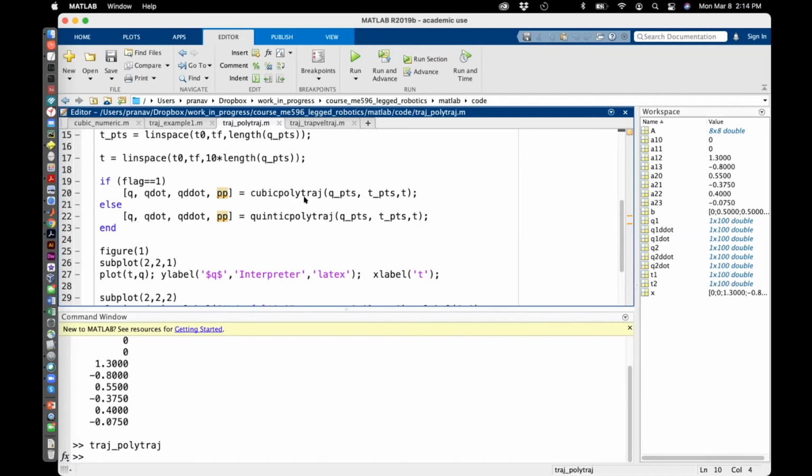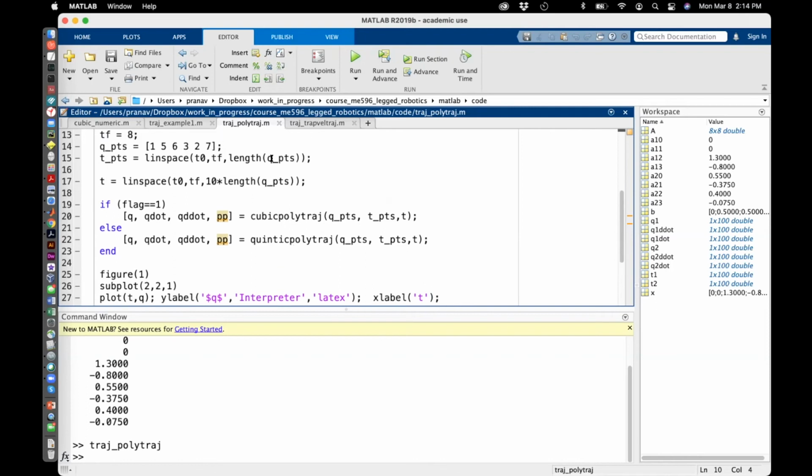I showed you the cubic profile for one or two sections, and I had to do a lot of math. Here, the code MATLAB has written does it by itself. So you just call cubic polytraj, and it'll take care of everything. It'll give you q dot and q double dot, the acceleration. That's a cubic. If you want to use the fifth order, you can also do that using a quintic polytraj.